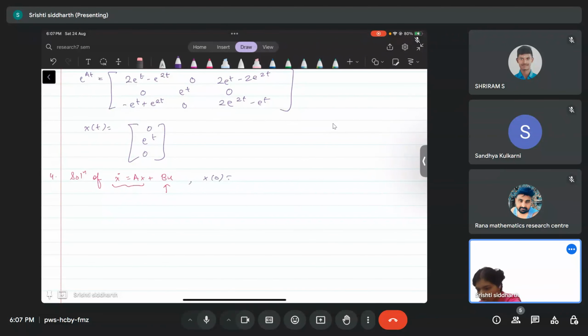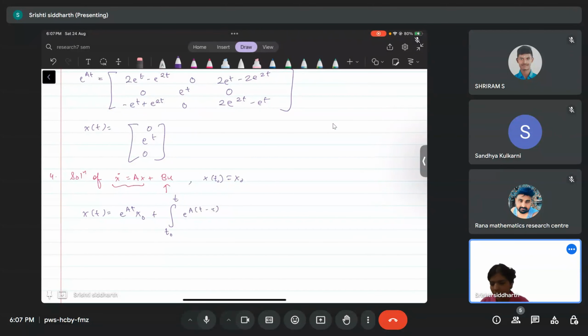x at any time t, let's say this is some initial condition x naught, and x at any time t is given as, first of all, the homogeneous solution. So e to the power at times x naught plus, this is the particular integral. You start from some t naught. So let's say that this is some general time t naught, not 0, to the current time t, and then we have e to the power a t minus tau.